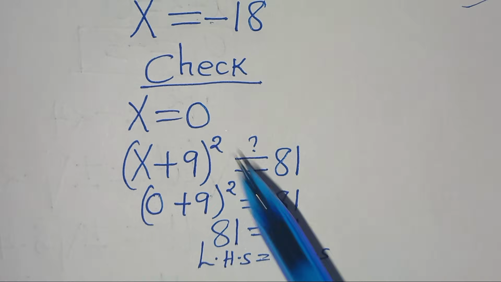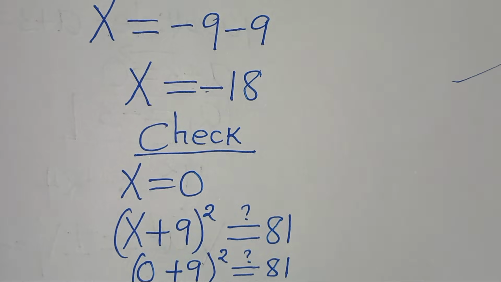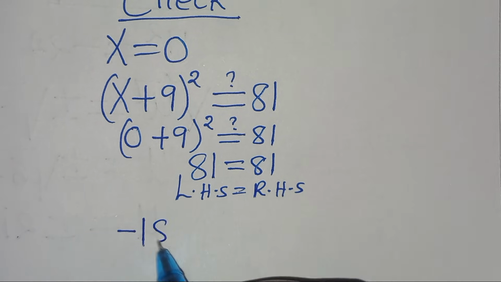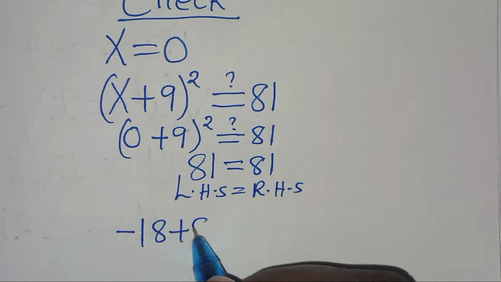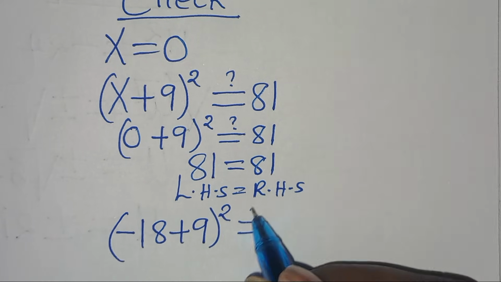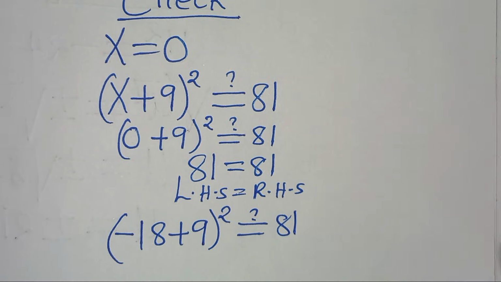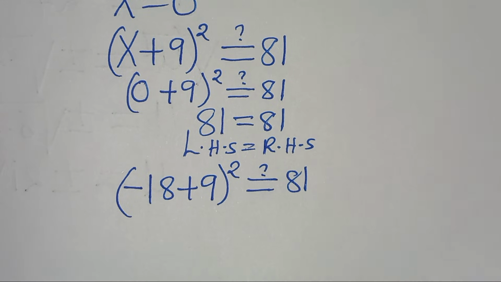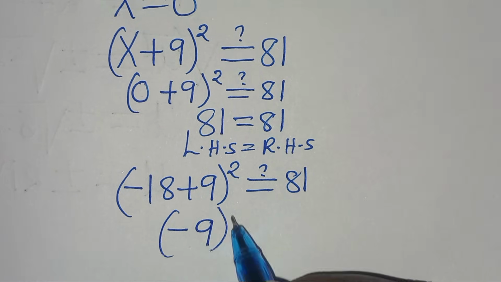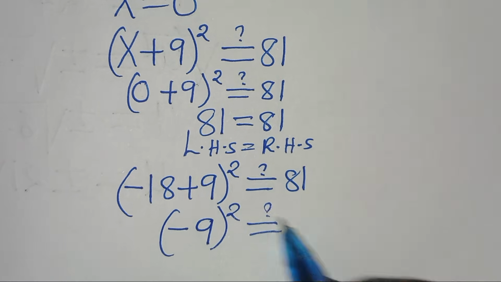Now let's take x equal to minus 18. So we have (-18 + 9)^2, which should be equal to 81. So we have minus 18 plus 9, which is minus 9, raised to the power of 2, which should be equal to 81.